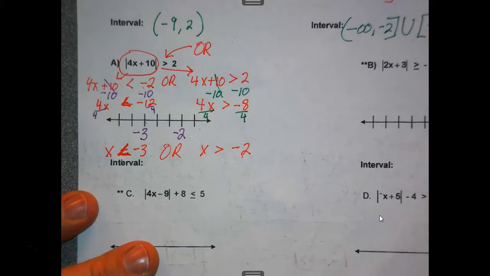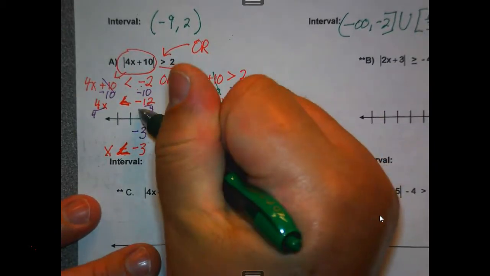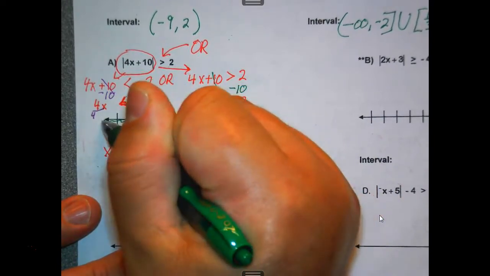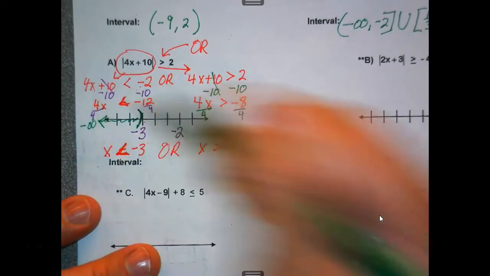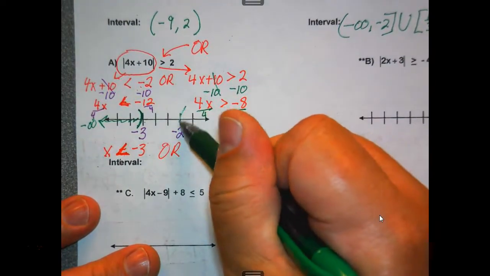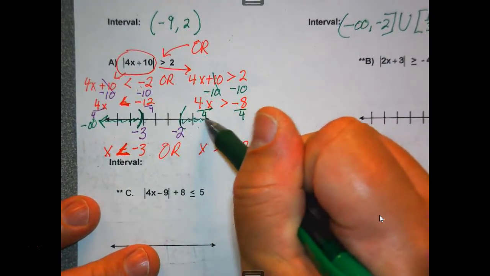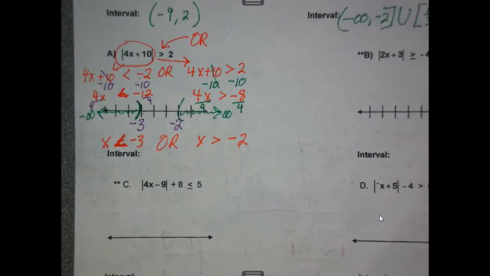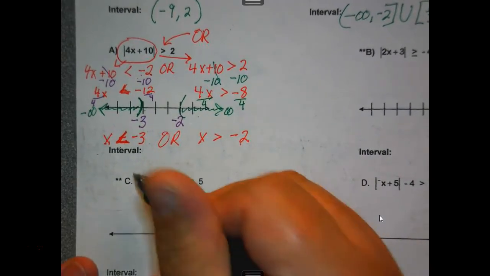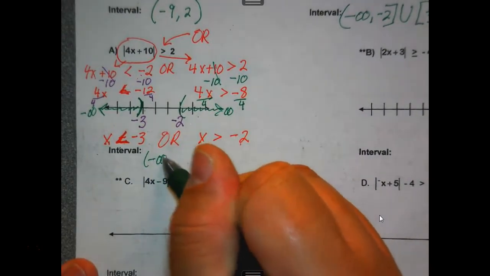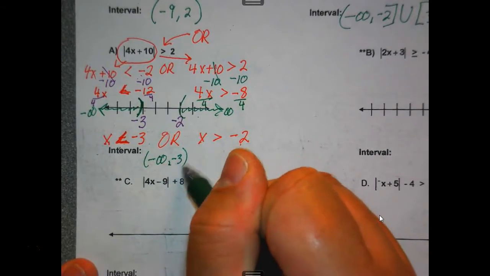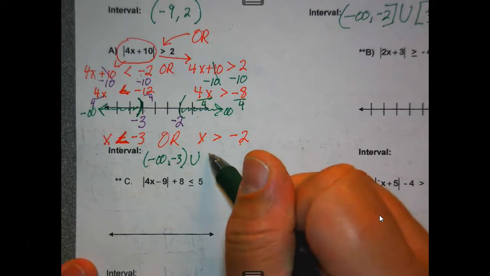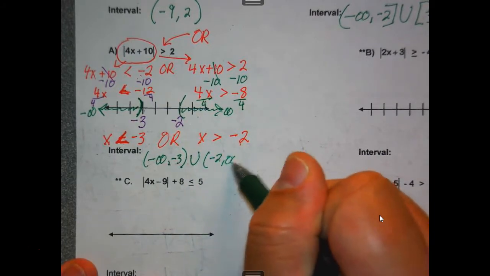Okay, x is less than negative 3, so it's a parenthesis, less than, going out to negative infinity. Parenthesis, no equal sign, goes out to positive infinity. Write the interval. See, negative infinity, negative 3, parenthesis, union, negative 2, positive infinity.